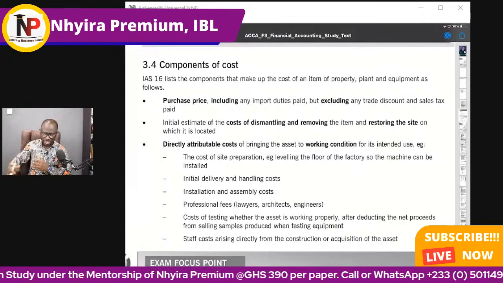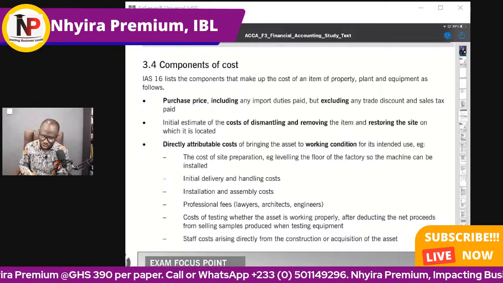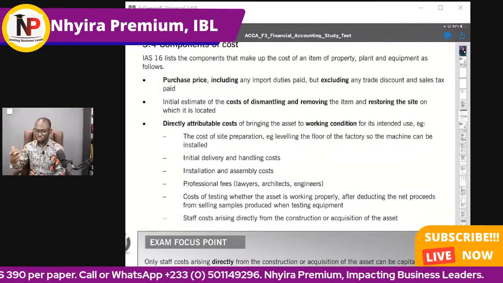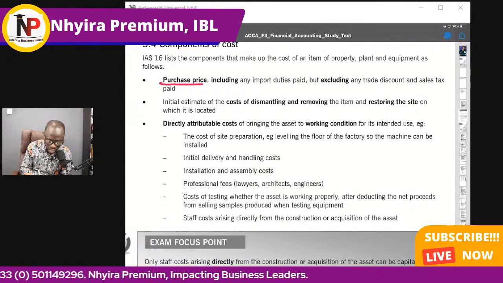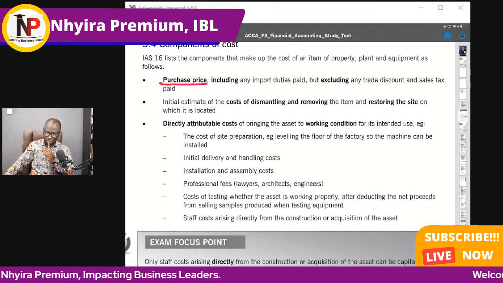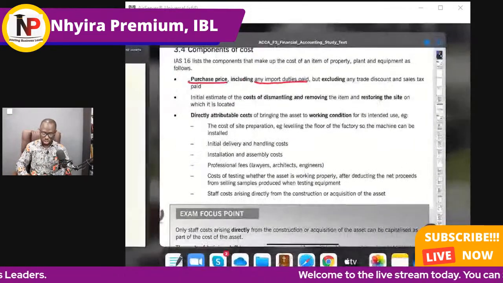So IAS 16 lists the components that make up the cost of a property, plant, and equipment as follows. One, the purchase price, how much we paid for it, including any import duties paid.